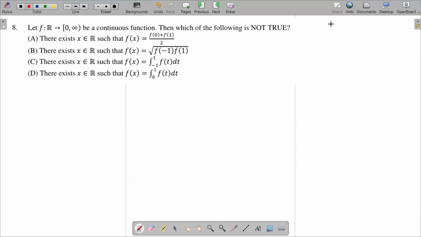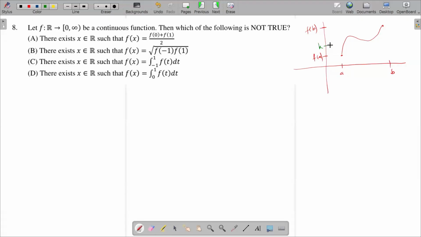Does everyone know the intermediate value property or intermediate value theorem? I'll quickly brush up. If you have two points A and B, and f(A) is somewhere, f(B) is somewhere else, and you have some function. Suppose this is your f(A) and this is your f(B). Then take any k between f(A) and f(B).